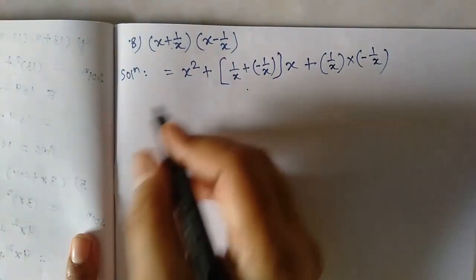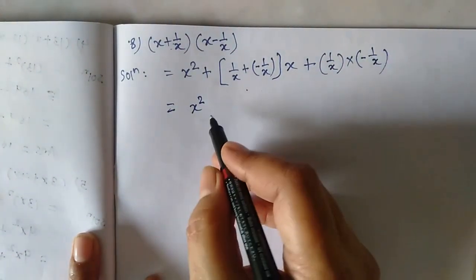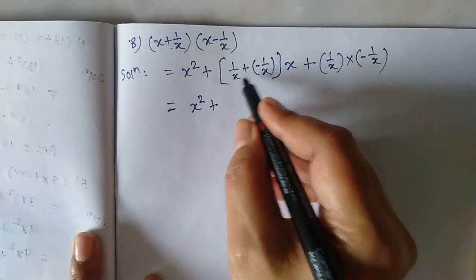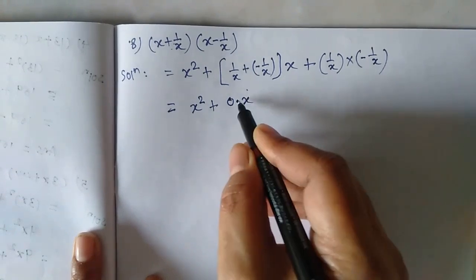Very simple. So x square plus 1 upon x minus 1 upon x is 0 into x.